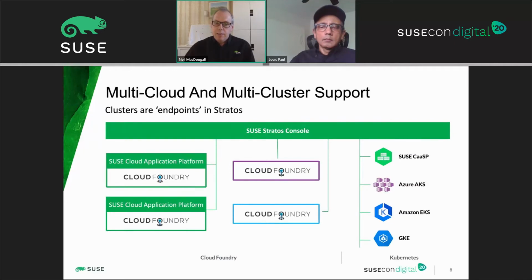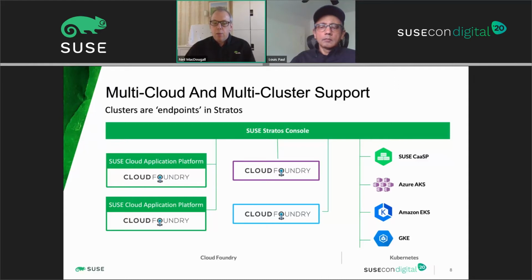One of the key aspects that I wanted to outline here, again, playing back to some of the business use cases, is that at the heart of Stratos, we really designed it to be able to manage not just a single Cloud Foundry deployment or Kubernetes cluster, but to be able to manage multiple. And that could be a SUSE Cloud Application Platform installation, or it could be a Cloud Foundry distribution from another vendor, as illustrated here.